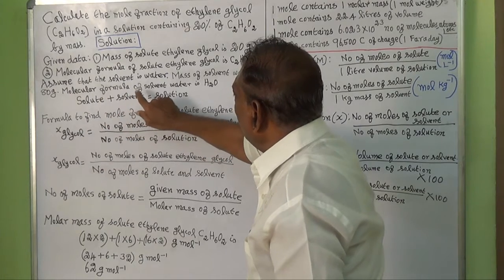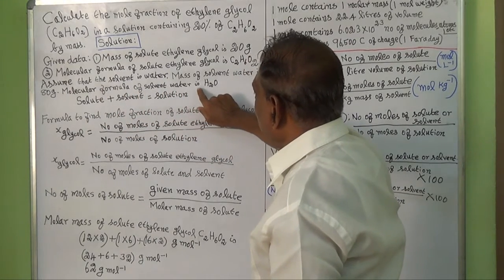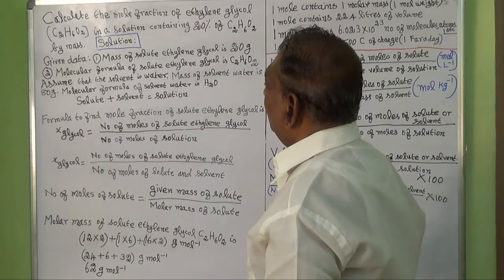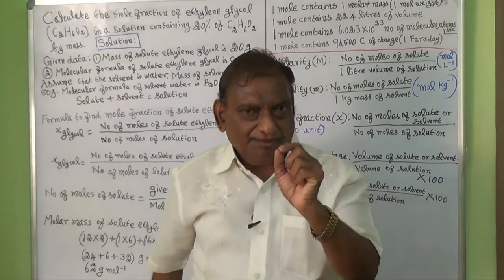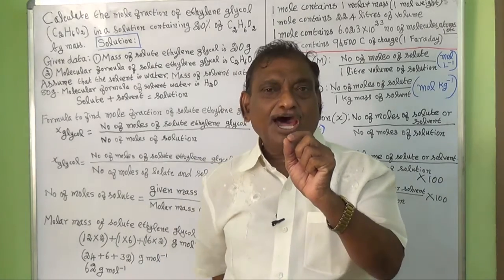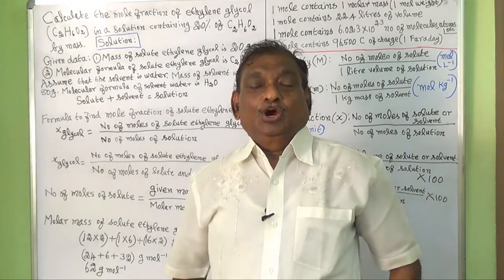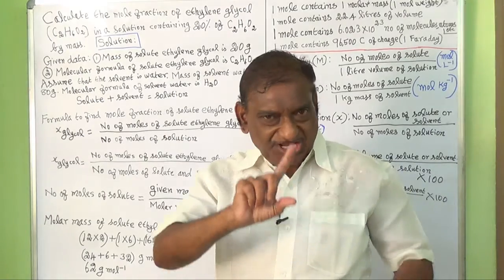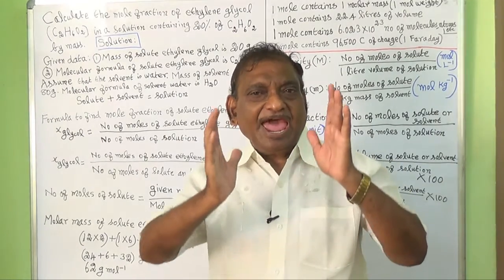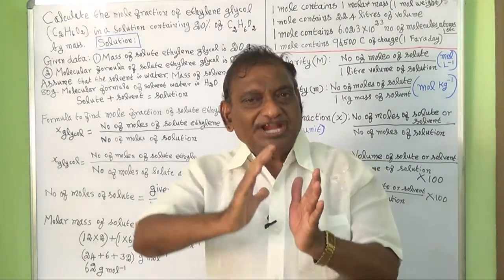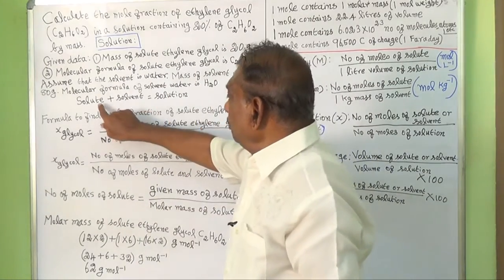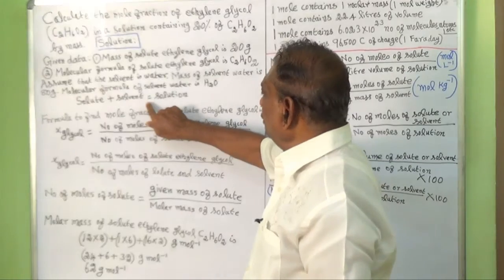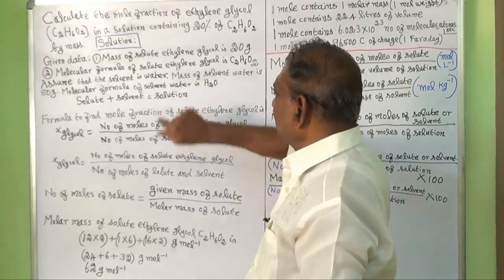The molecular formula of solvent water is H2O. We know that in a solution, that is in a binary solution, there are two substances. One is solute, another is solvent. If we add the solute and solvent, we will get the solution. Solute plus solvent equal to solution.